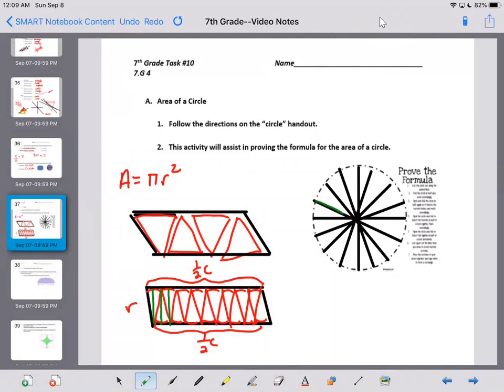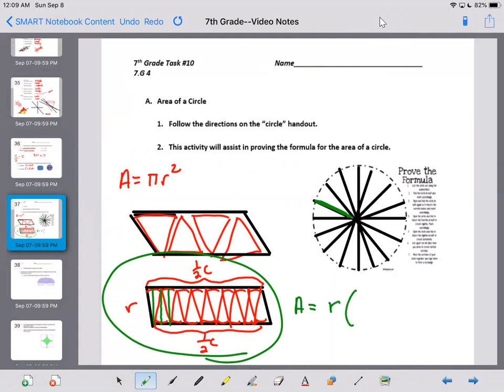That's the radius of your circle. Well, here's what we know. We know that area is equal to the base, which is 1/2 c, times the height, which is r. So here's what we have as our area.